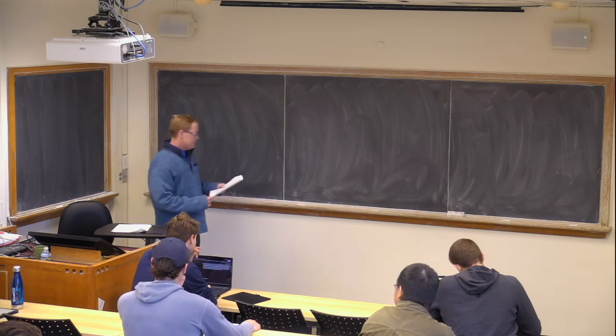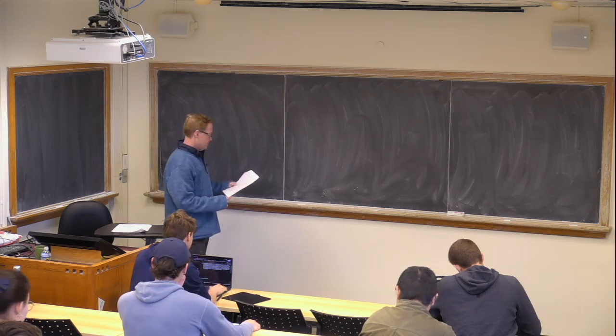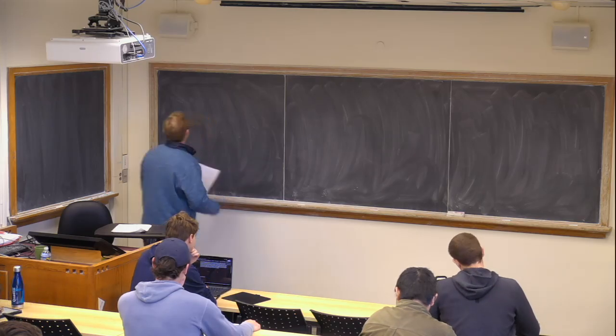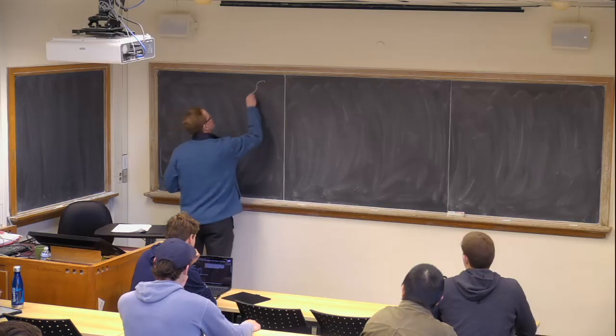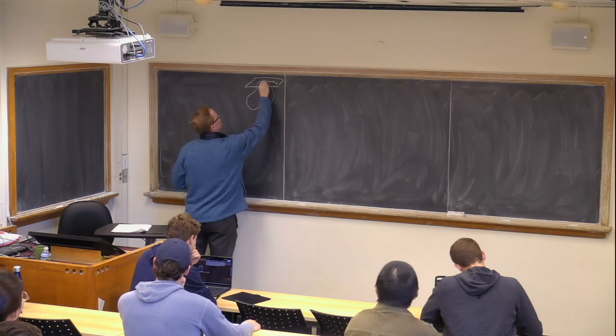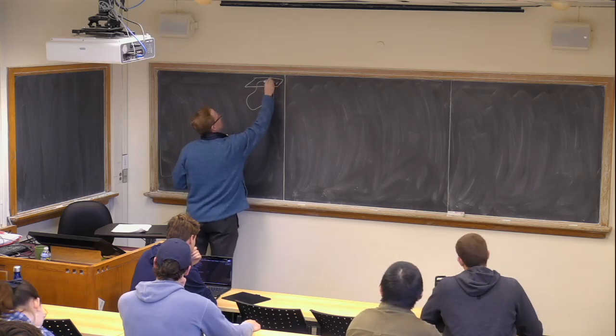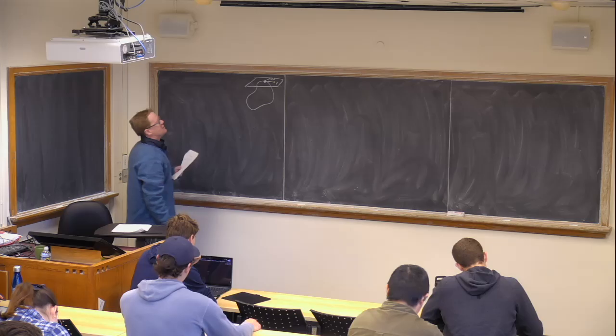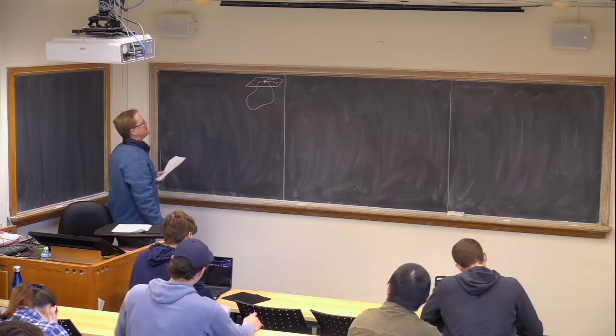Okay, some formulas. What we're going to do is just pick any two vectors, v and w. They don't have to be perpendicular. They're not perpendicular in this picture, even if they might look almost perpendicular.